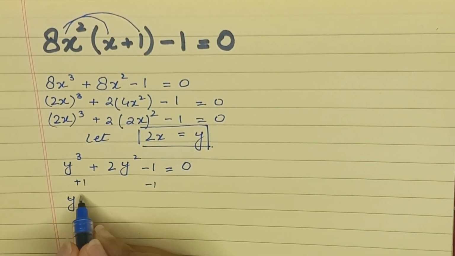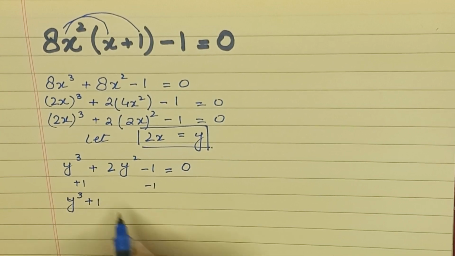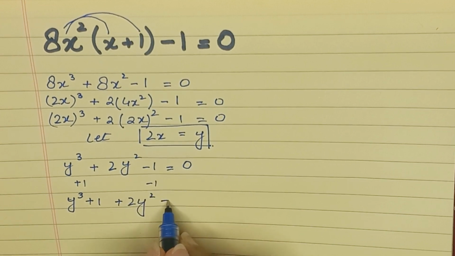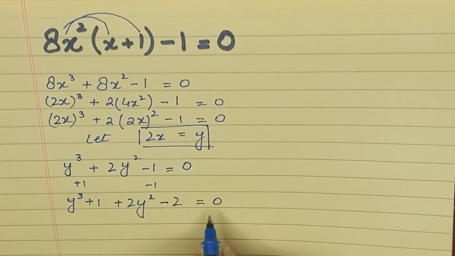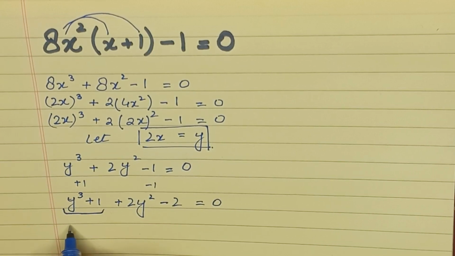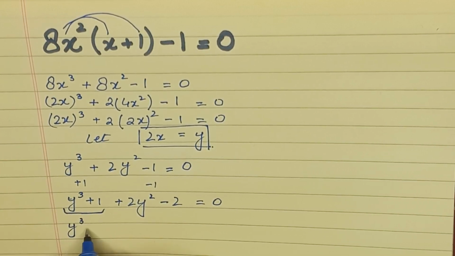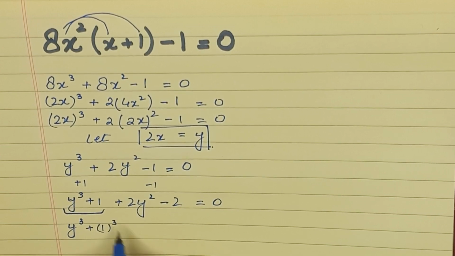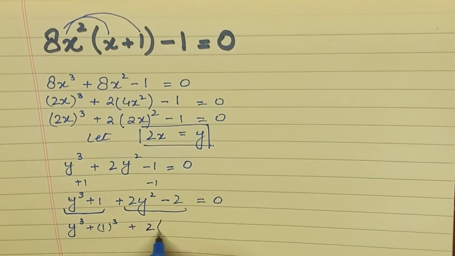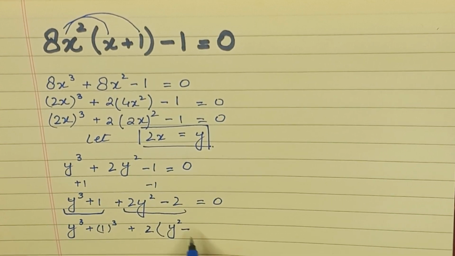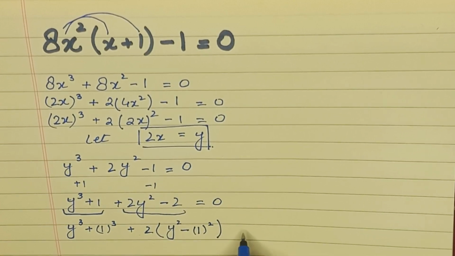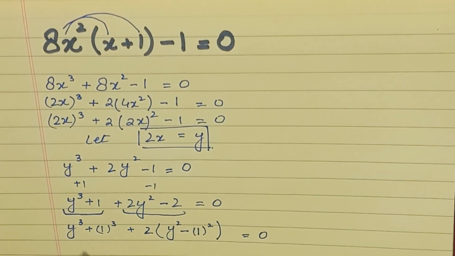So it will become y cube plus 1 plus 2y square minus 1, minus 2, which is equal to 0. So it can be written as y cube plus 1 cube, and from this we can take common 2. It will become y square minus 1, and 1 can be written as 1 square, which is equal to 0.